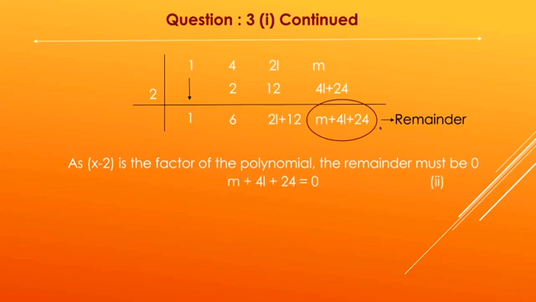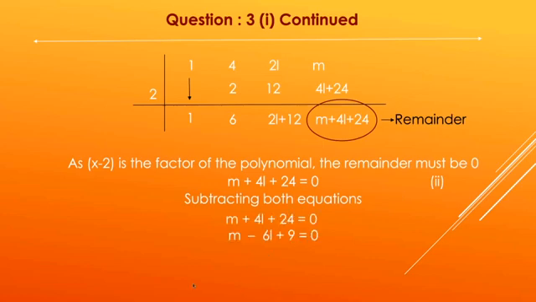So we will put m plus 4l plus 24 is equal to 0. This is our equation number 2.